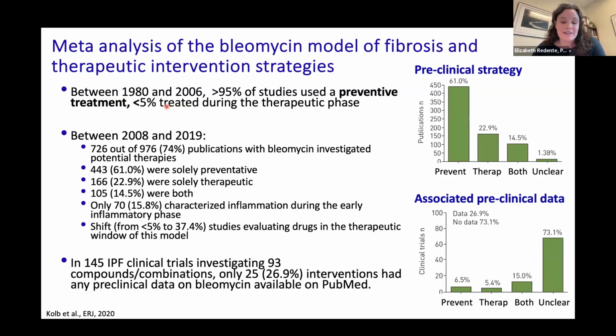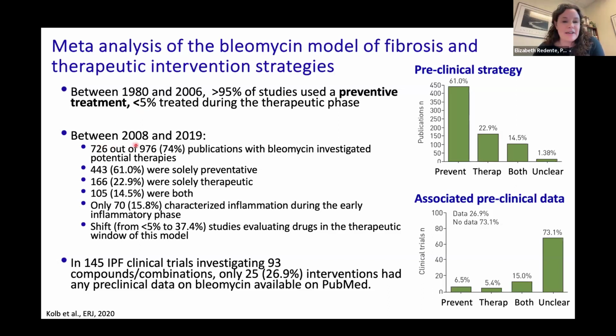So they were really looking at prevention of fibrosis development. And less than 5% of studies treated during this therapeutic phase, meaning around the 2 to 3 week time point when animals were fibrotic. This has begun to really change in the literature, which I think is good.